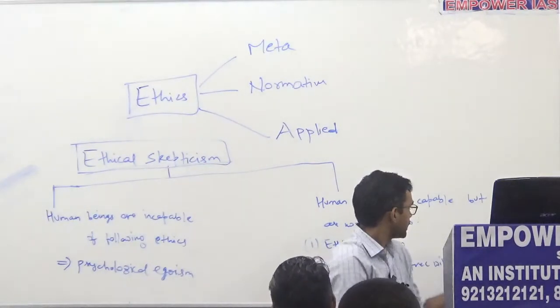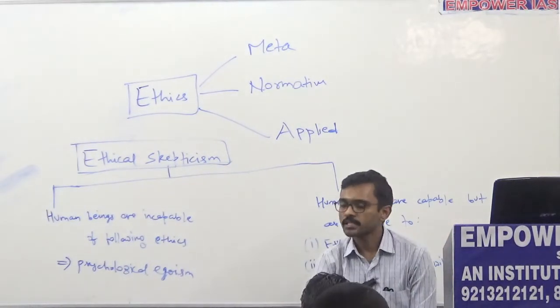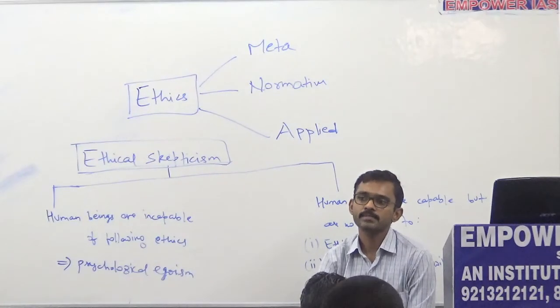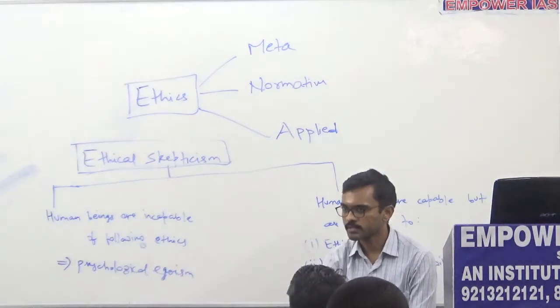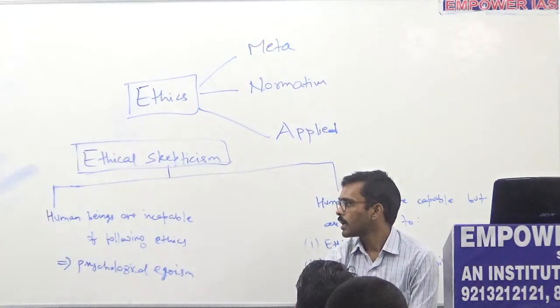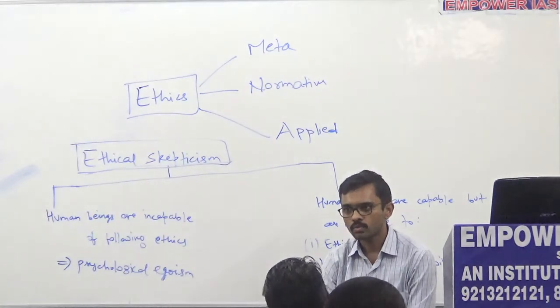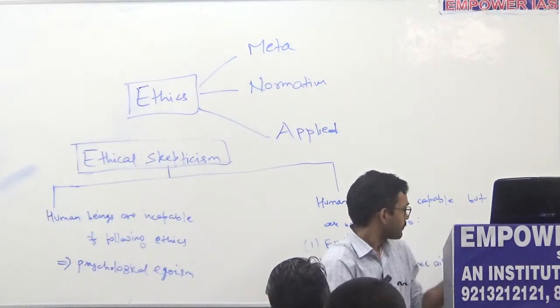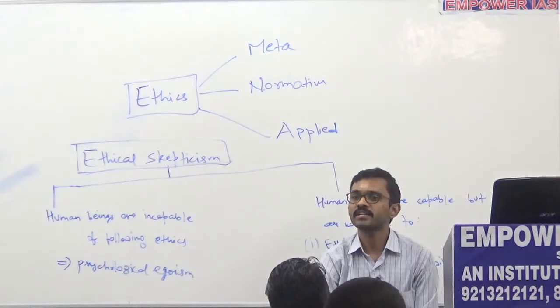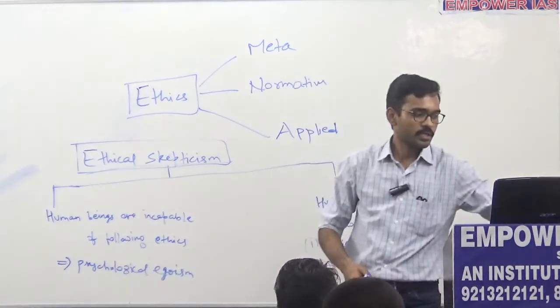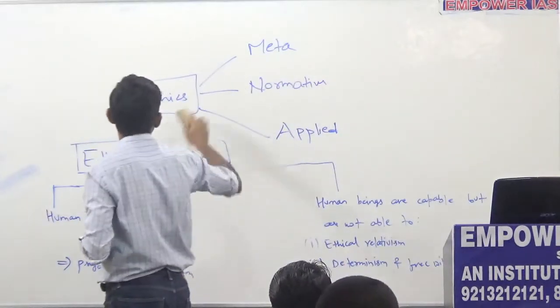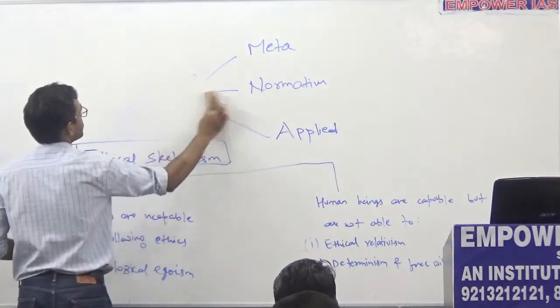The second category of ethical skeptics believe that although human beings are capable of following ethics, however they are not able to. Why? First, because of ethical relativism. Now there is this concept called ethical relativism, ethical absolutism, and ethical realism.